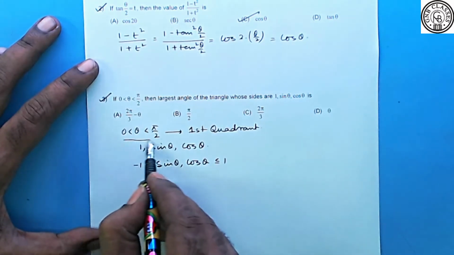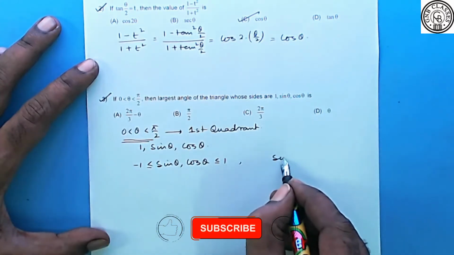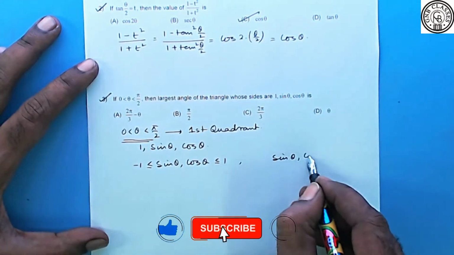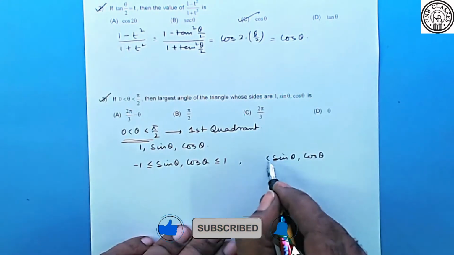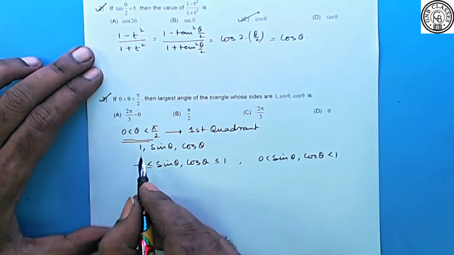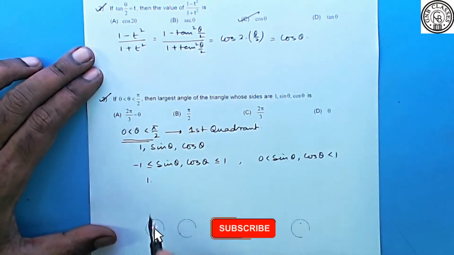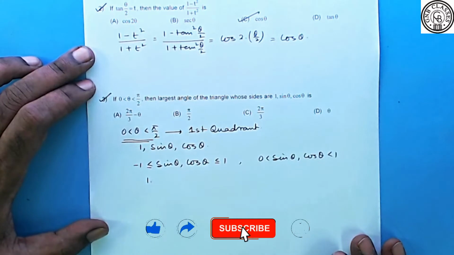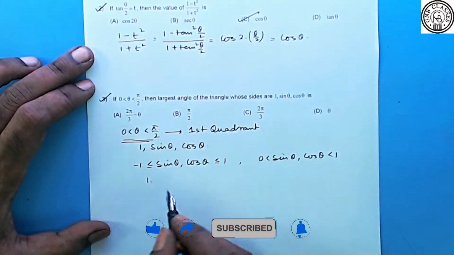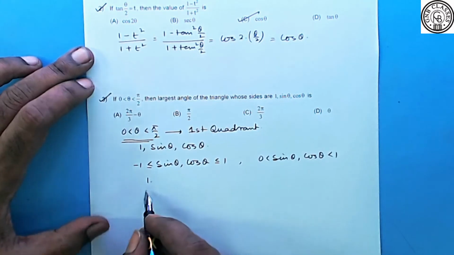But since theta is lying between 0 and pi by 2, sin theta and cos theta lie between 0 and 1. So from here we can say that the largest side is 1. And we know that the angle opposite to the largest side is largest. Therefore, the largest angle is opposite to the side 1.